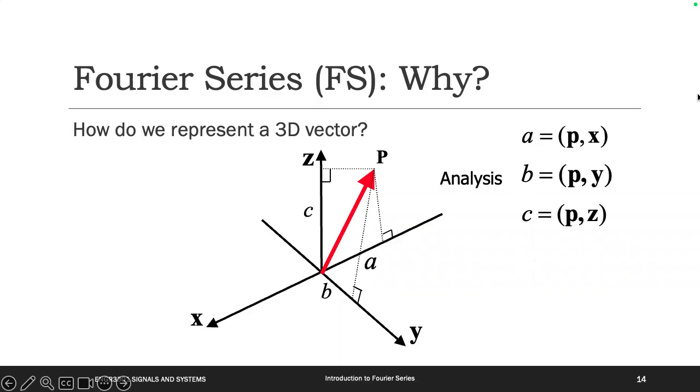And actually the Fourier series is a similar thing. If you learn the 3D vector thing, yeah, actually the Fourier series is a similar thing. For a specific signal, you will have this signal.